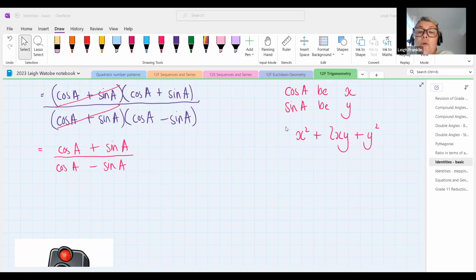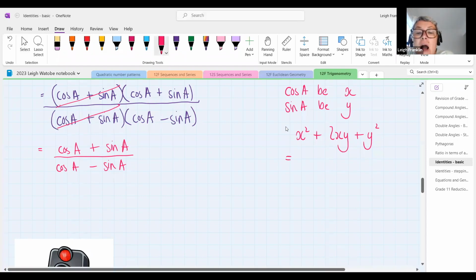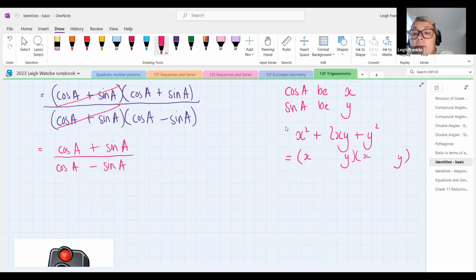So this is what we refer to as a perfect square trinomial. So a bracket times itself gives us this trinomial. So if I was going to factorize this, I know that I've got to have x at the front here, and I've got to have x at the front here as well, don't I? In order to get the y squared at the end over there, I'd have to have y times y.